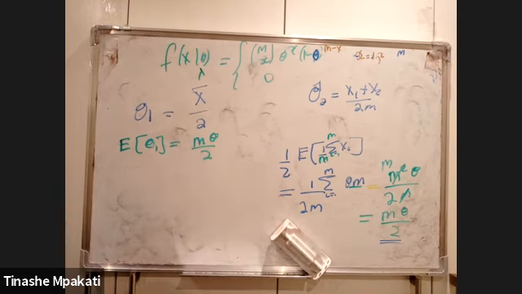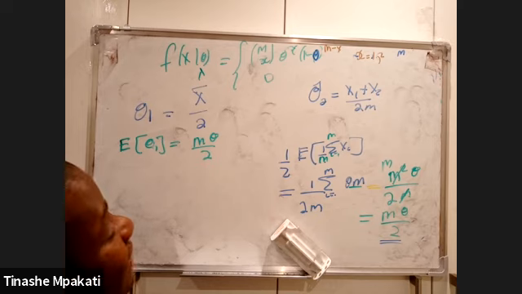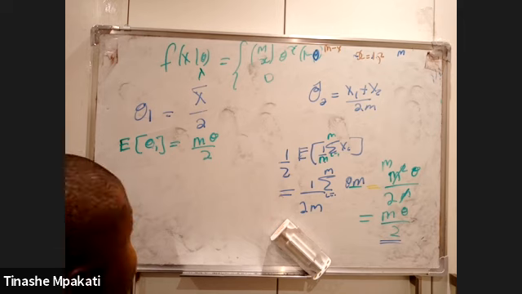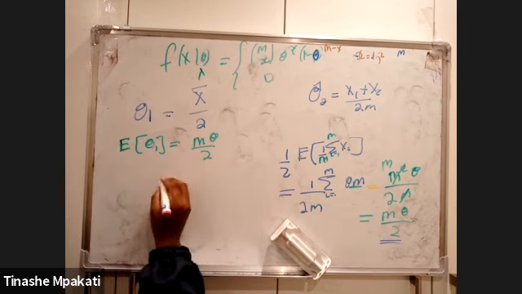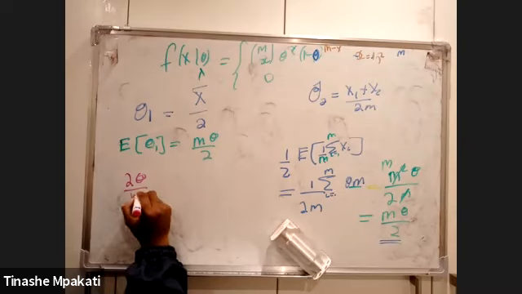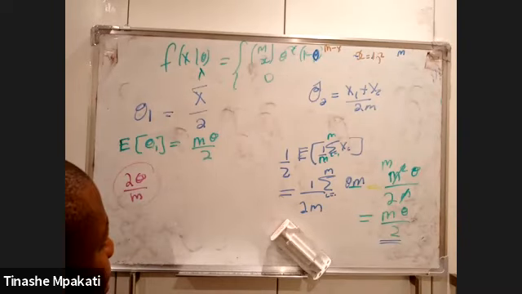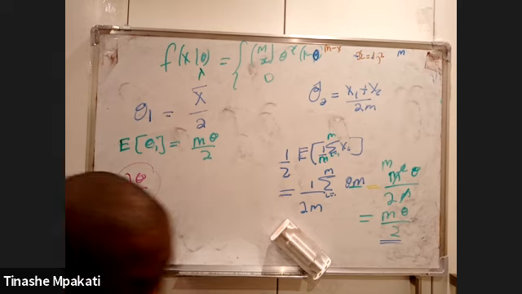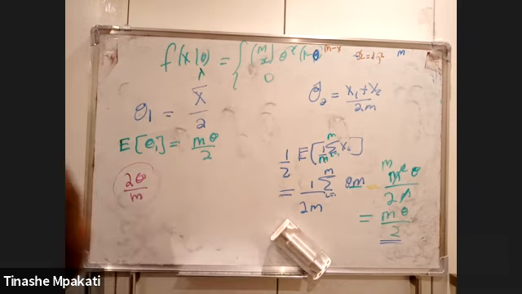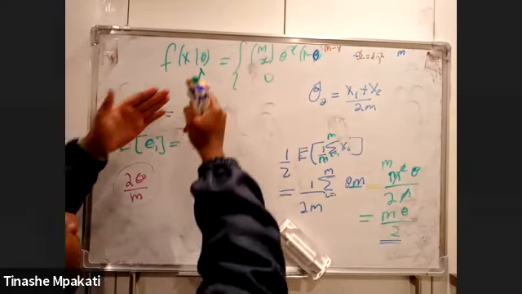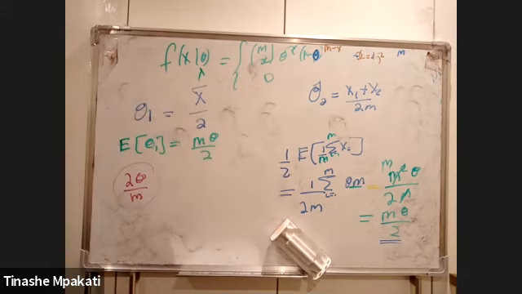You need to get a function such that when you take its expectation, you end up getting theta. That should be something like 2 theta over m. You can check this, and if it's not exactly that, you can always manipulate it to get a function whose expectation will be theta.